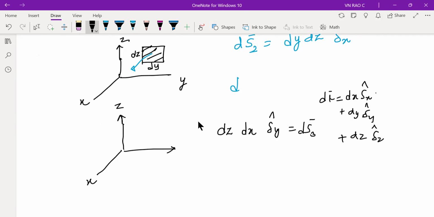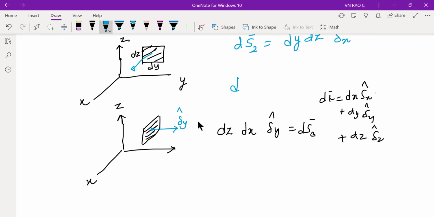We are not considering the y direction here, so we need to consider the area something like this. This is the surface we are looking at, and the direction is the delta y direction.